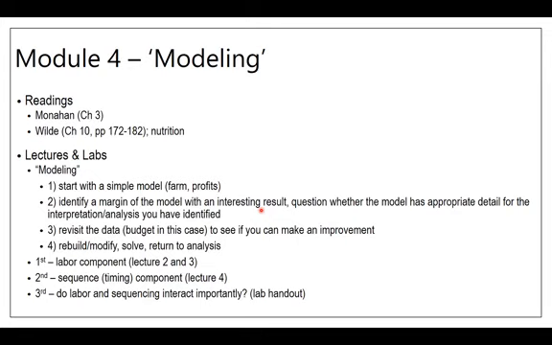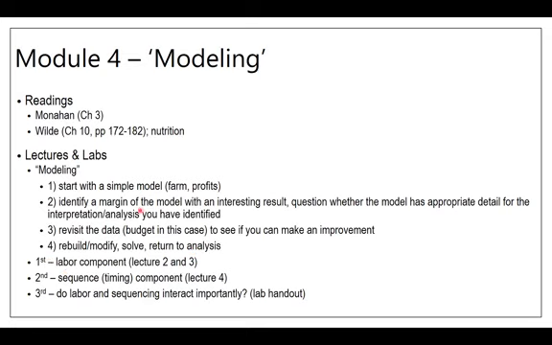Should I change from the basic model that Keeney gave me here and try to improve on that? That's exactly what the design here is. It's built so you can revisit the data. I've given you the budget data that supports the first model, and it'll support all the other ones you have to do. So you have to go back and see, could you make an improvement? The idea is to rebuild or modify the model, solve it, and then return again to this analysis step.